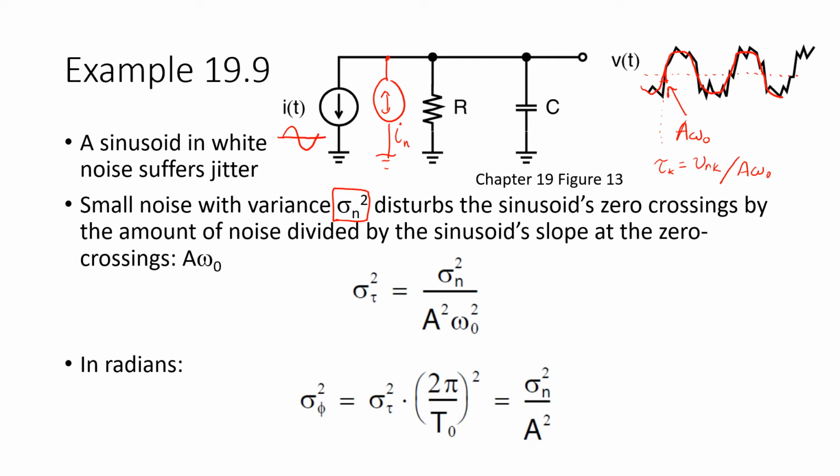Now, if we're interested in the variance of that absolute jitter sequence, tau, it's going to be related to the variance of the noise voltage samples, sigma n squared, by that slope.